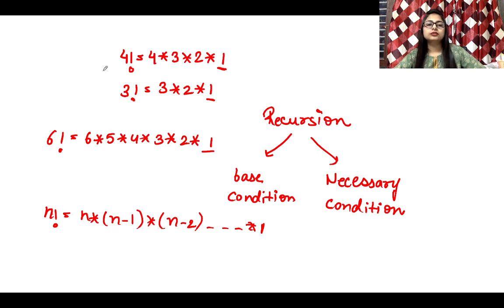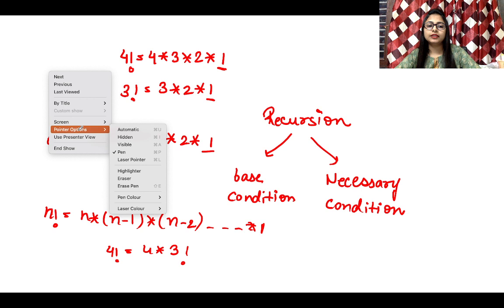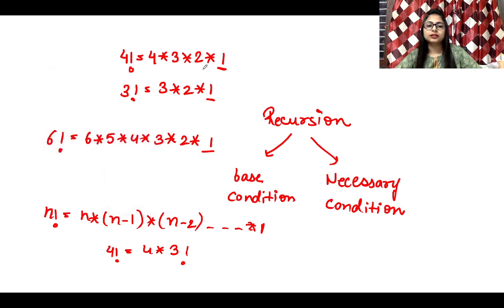So how can we make it a recursive function? Can I write 4 factorial as 4 into 3 factorial? Is it true? Yes. How is it true? Because we can write 3 into 2 into 1 as 3 factorial.